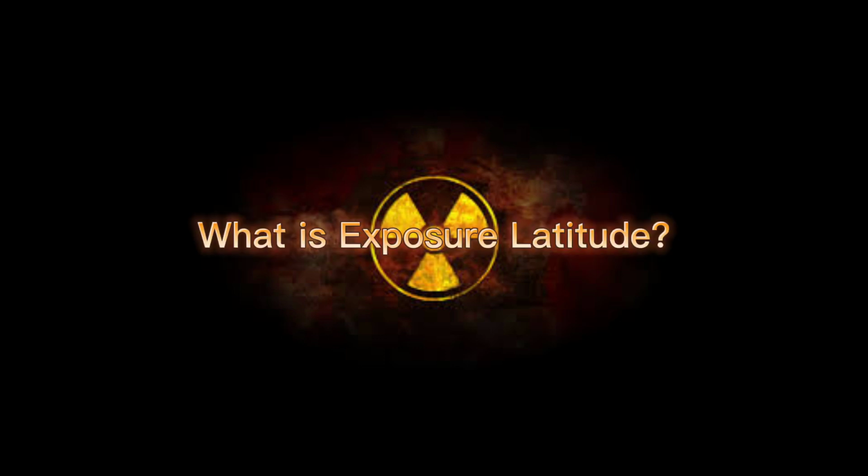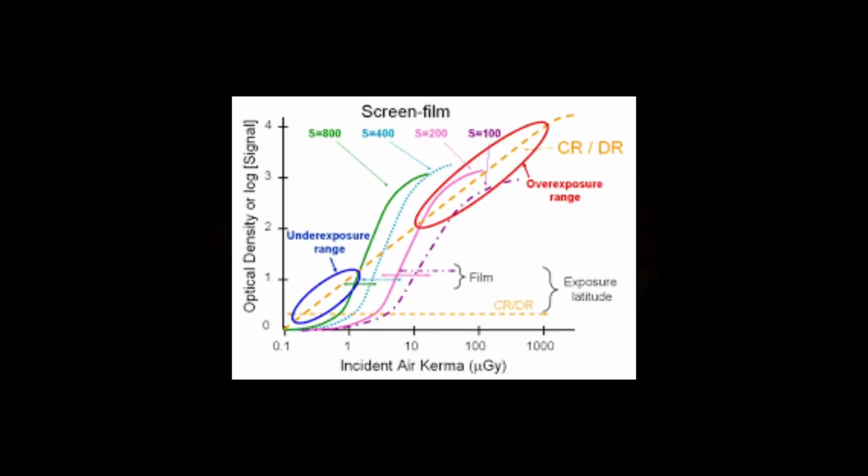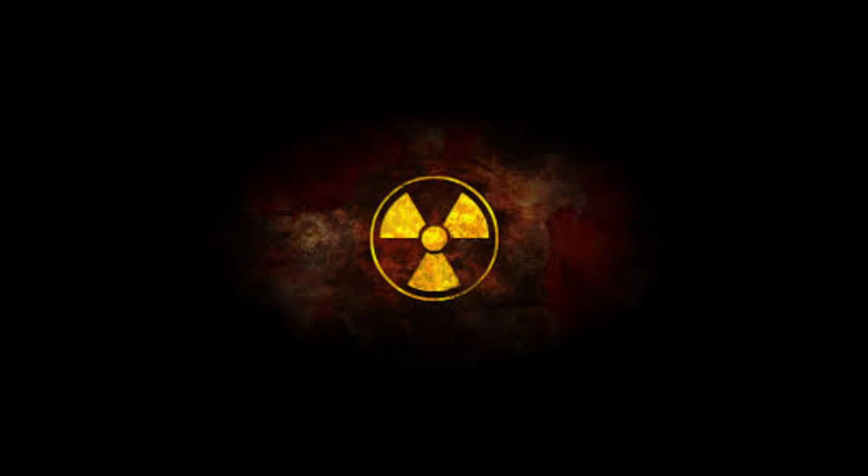What is exposure latitude? It is the extent to which a light-sensitive material can be overexposed or underexposed and still achieve an acceptable result. This measure is used for digital and analog processes, for example, optical microlithography or photography.